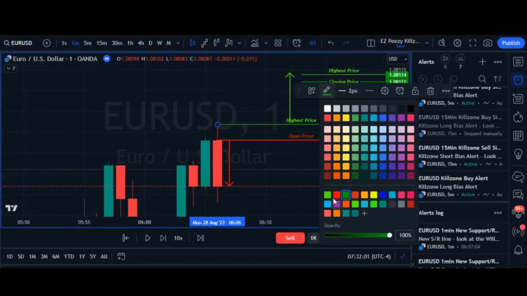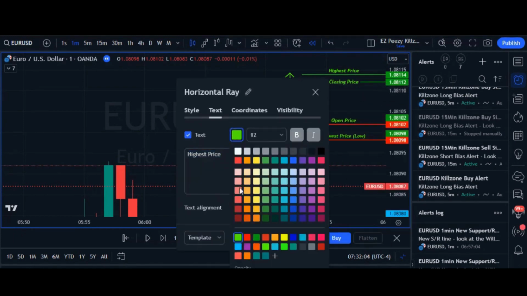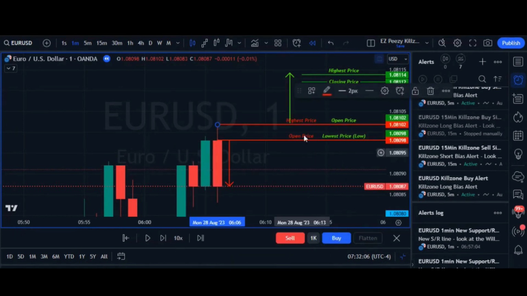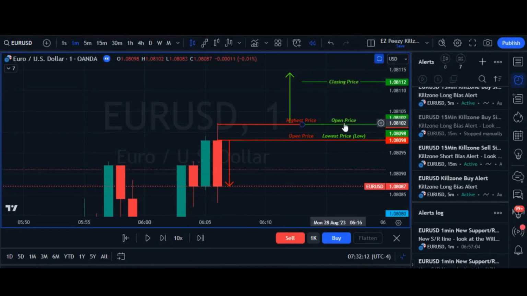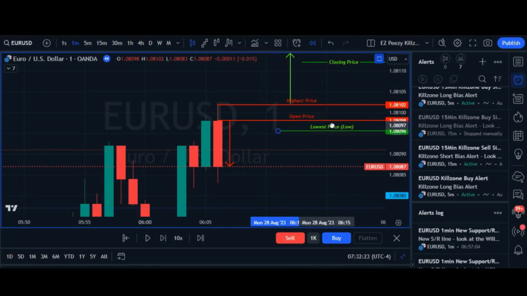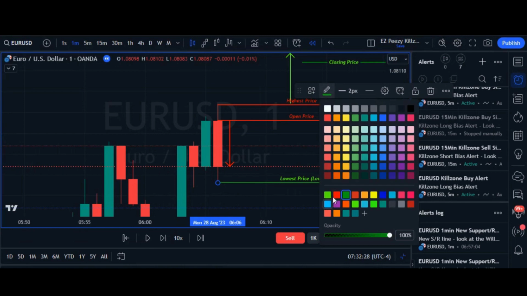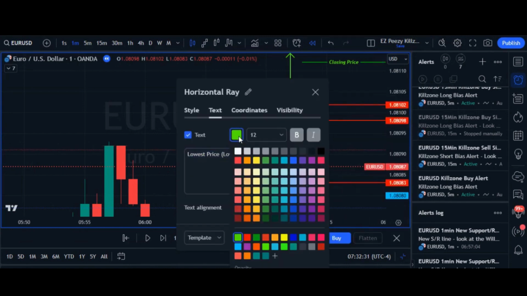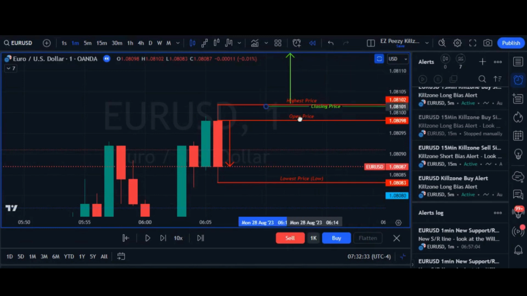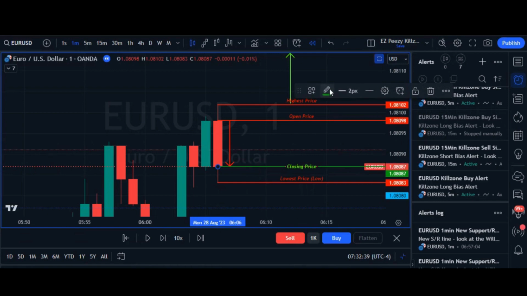Then it opened, it came up and made this high, it came back down, usually pushes all the way down and makes the low. So we have the lowest price down here of this candle. And then finally it comes back and closes right here on these dotted lines. So this would be the close price of the candle.